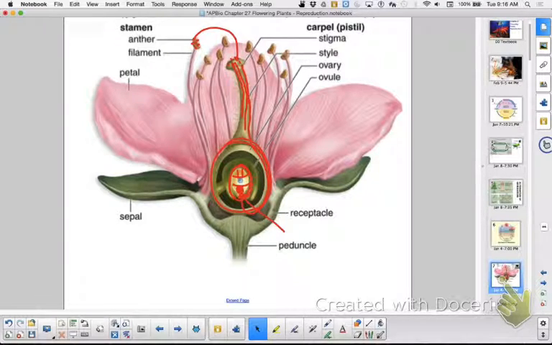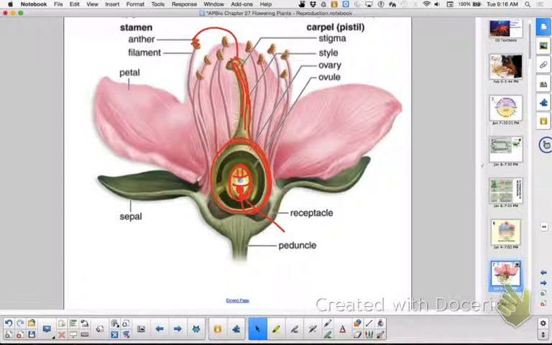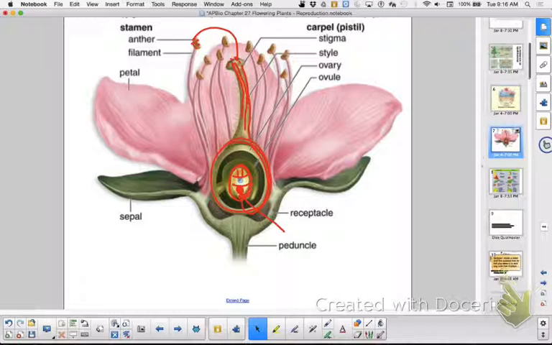The pollen tube provides a passageway for sperm to egg. And the zygote is protected within the seed until favorable conditions for germination. The zygote is protected within the seed until favorable conditions.